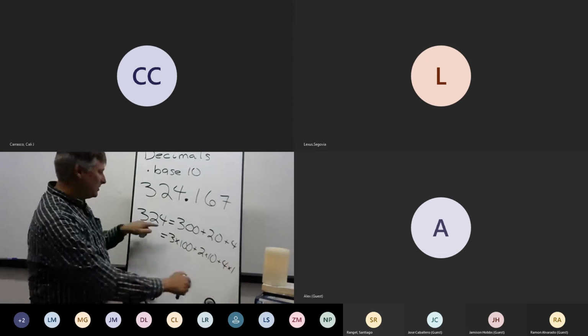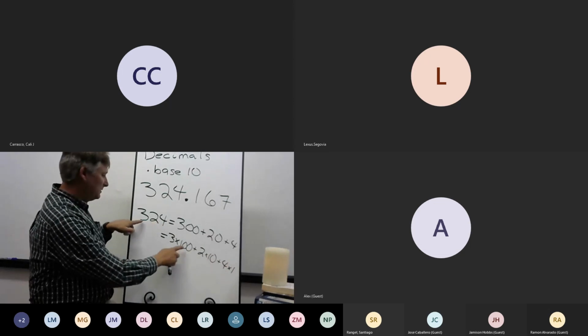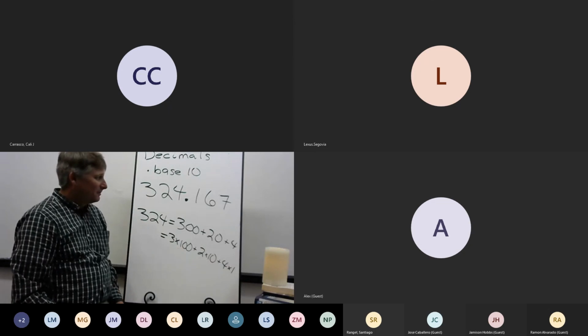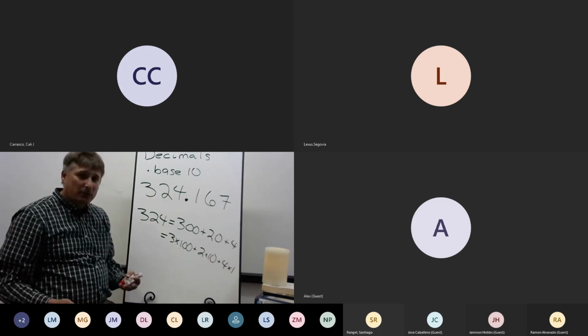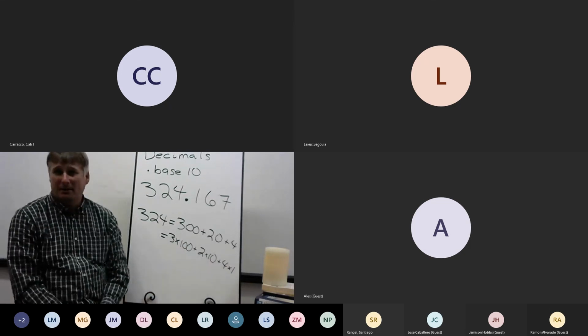So you have the ones place, the tens place, and the hundreds place. So that's how we work to the left of the decimal. Now, any questions about that?